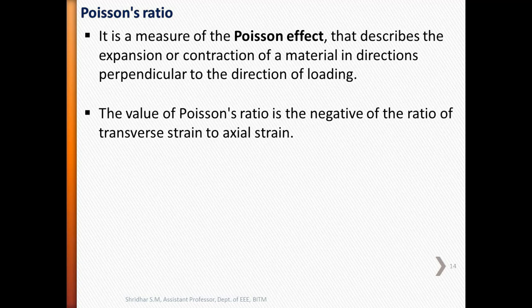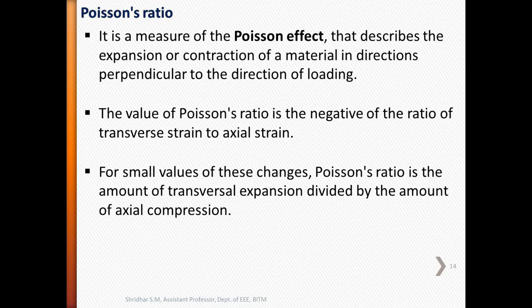The value of Poisson's ratio is the negative of the ratio of transverse strain to axial strain. For smaller values of these changes, Poisson's ratio is the amount of transversal expansion divided by the amount of axial compression.